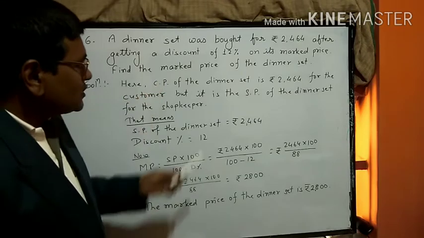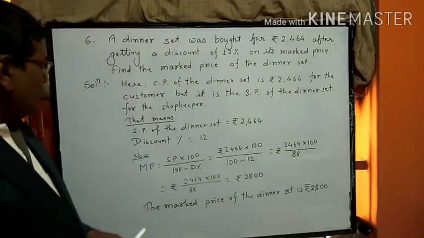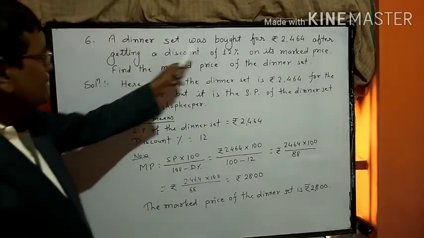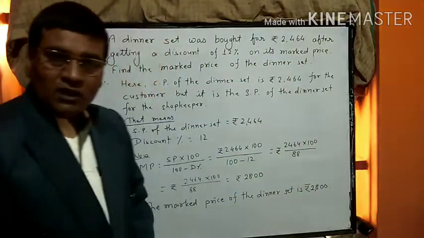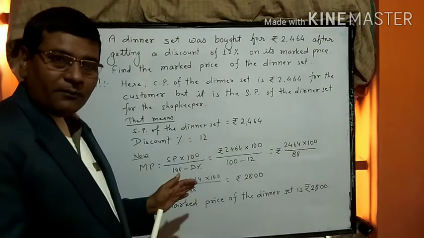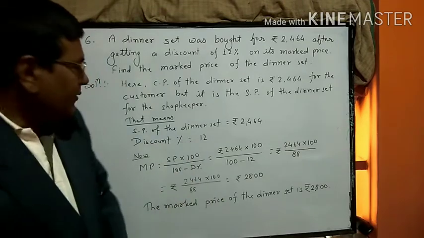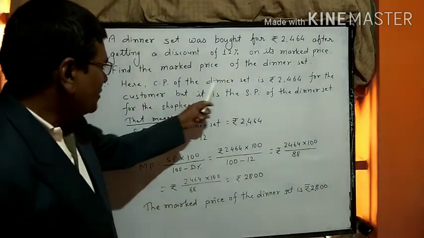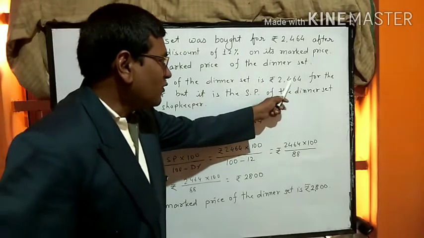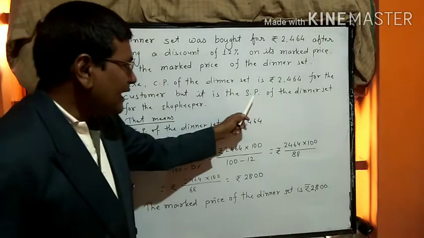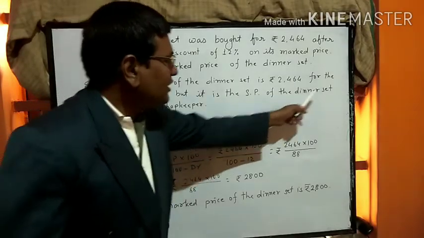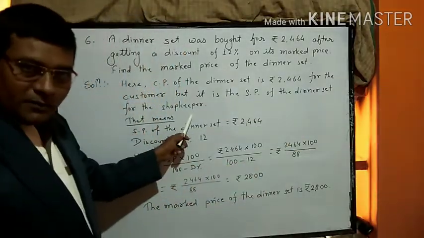Find the marked price of the dinner set. Here you find CP equal 2,464, but it is for the customer, not for the shopkeeper. So CP of the dinner set is rupees 2464 for the customer, but it is the SP selling price of the dinner set for the shopkeeper.